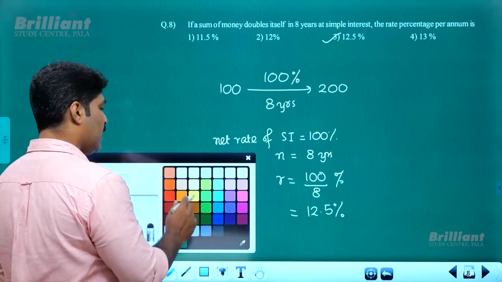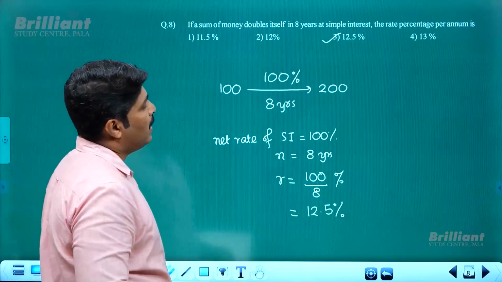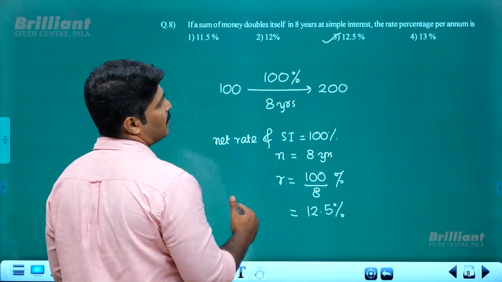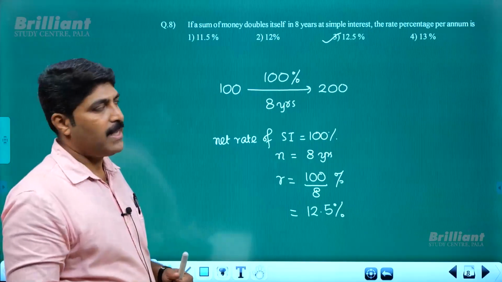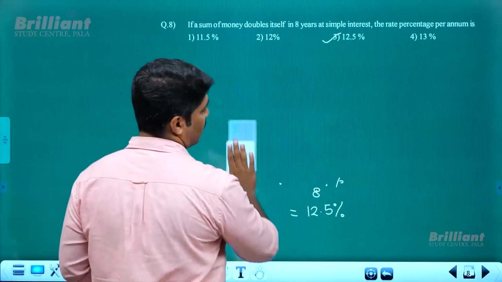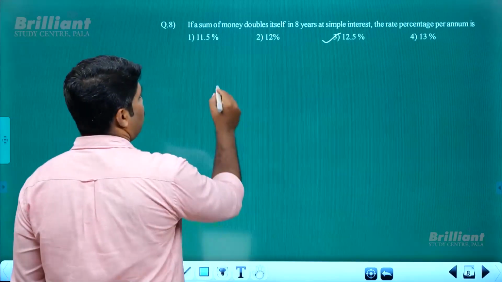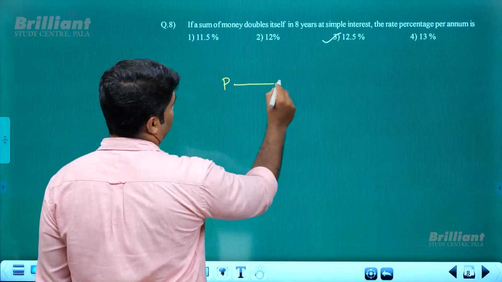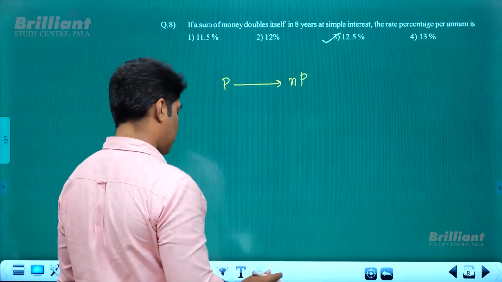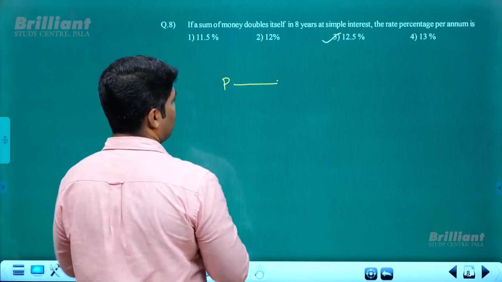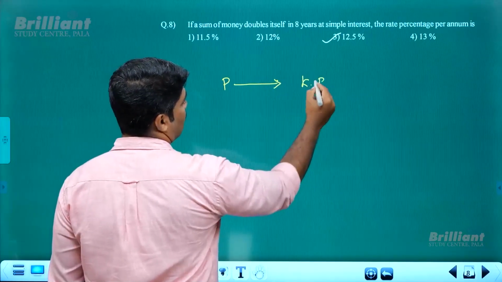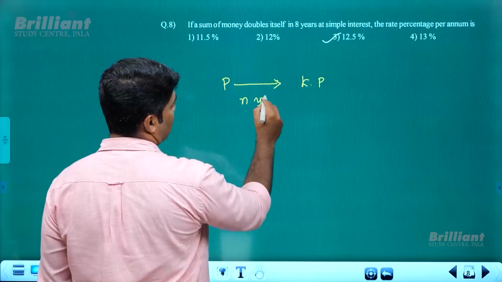So how can we generalize the concept here? If a sum becomes n times or k times the initial investment, then instead of doing it like this, we just consider: if you invest rupees P, it becomes k times in n years.